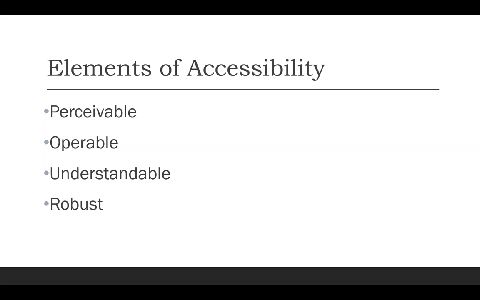And it also includes making sure that it's adaptable with different accessible devices like screen readers or other tools, that it'll be supportive of assistive devices. And it also means that we need to make sure that what we create is accessible through assistive devices. So those are the four elements of accessibility.